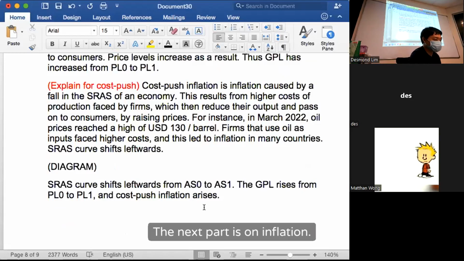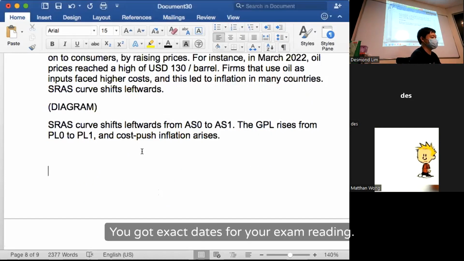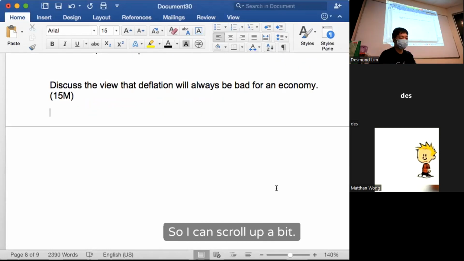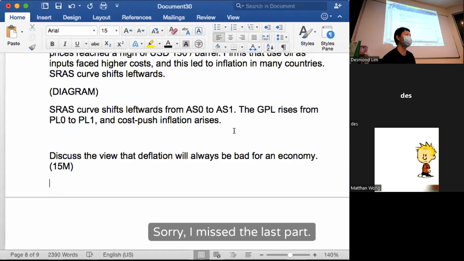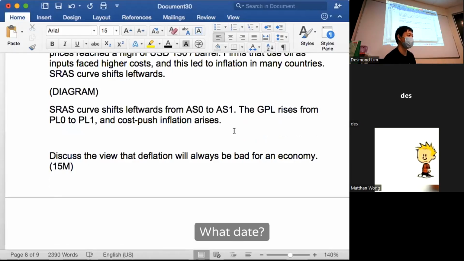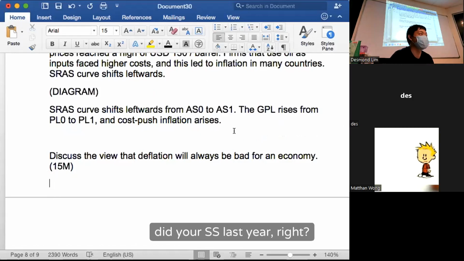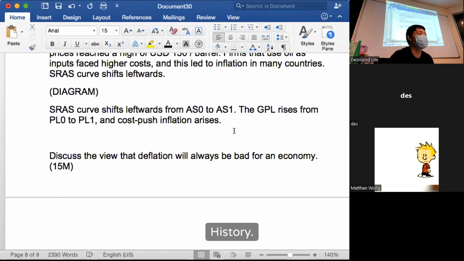Okay. So inflation here, you got exact dates for your exam already? I know the week. I think we got. Wait, so I can scroll up a bit. Sorry, I missed the last part. What date? Okay, never mind. Team will let me know a more reliable source. You did SS last year, right? Social studies, history.